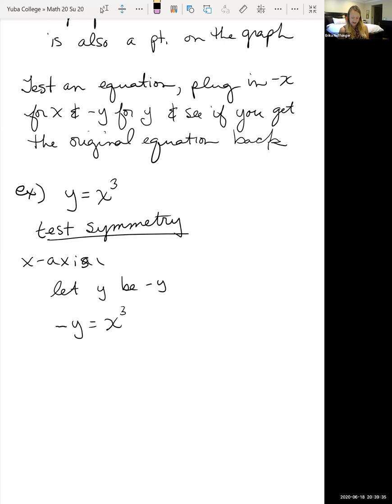But notice if I got y by itself and multiplied both sides by negative 1, I would get y is equal to negative x cubed. And this is not the same. So it's not symmetric across the x-axis.